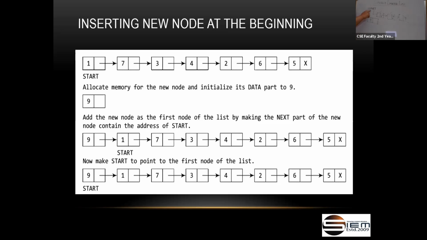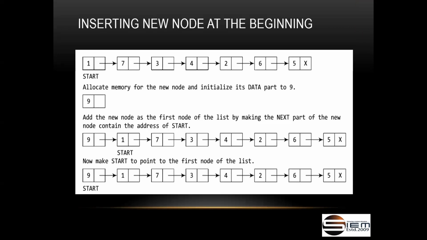If start contains the address of the new node, then this entire linked list will be lost. So we will not change start first. What we will do is, this is the new node, I'm joining it to the first one. So you have to join this one with this one.